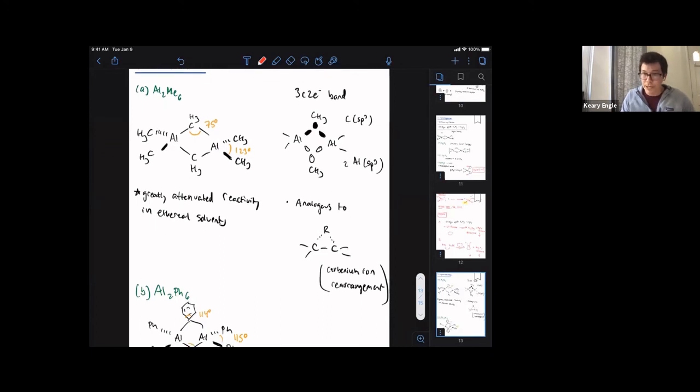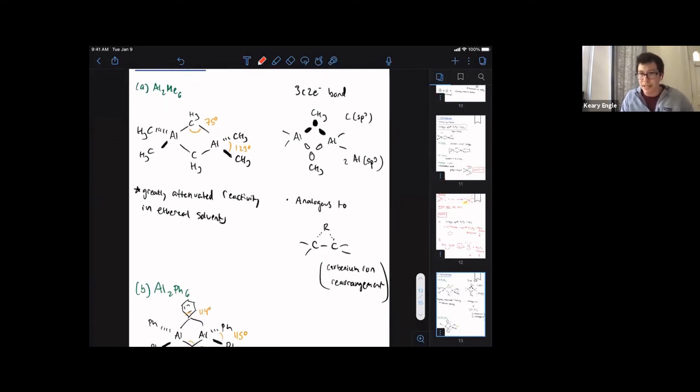We'll cover a couple different case studies. So the first case study is trimethylaluminum, which is, I think, how you typically think of the reagent, but in reality, this is a dimeric reagent. So the molecular formula is Al2Me6.